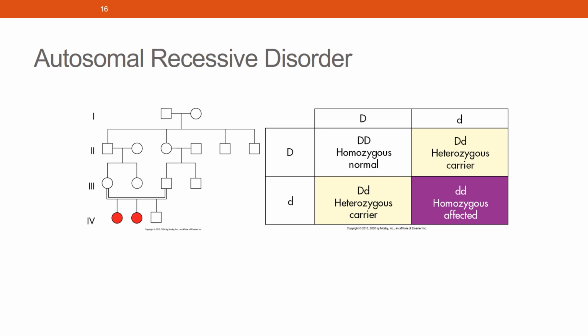Here we can see two unaffected individuals meeting, and by unaffected I mean they both are carriers. In this case, if two carriers meet, the probability of having the disease in the offspring is much lower than in autosomal dominant disorder, because both parents have to donate the diseased gene to the offspring. So it gives you a probability of 25%.